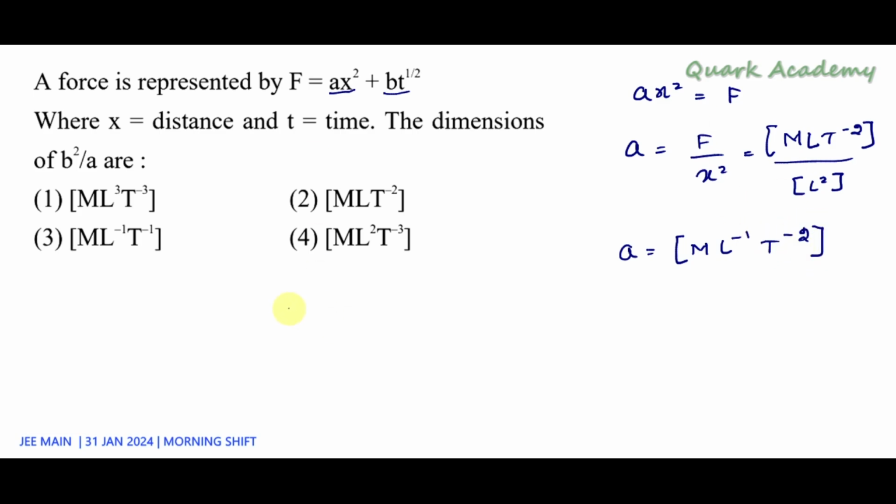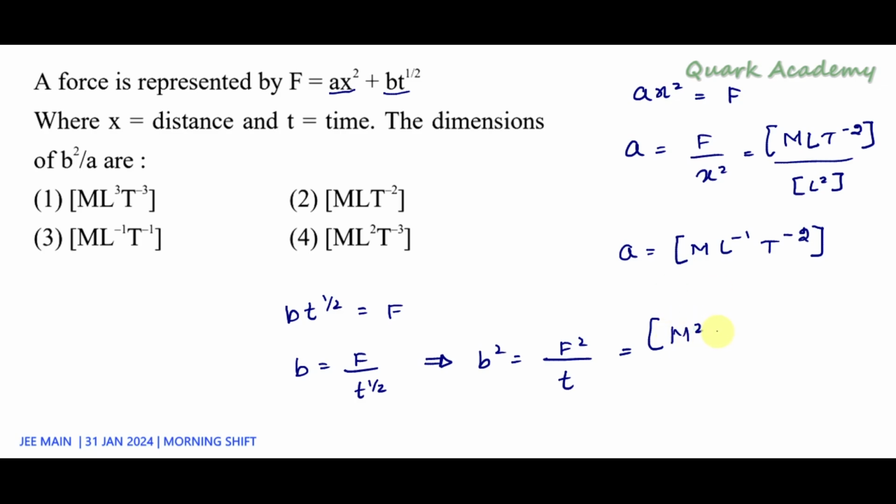In the same way, we can figure out the dimension of b squared also. So b t power 1 by 2 is equal to force. B equal to force by t power 1 by 2. But in the question, we need to find b squared. So let me write b squared, which is force squared by time. We can write the dimension, like we can just copy paste the same thing with the square.